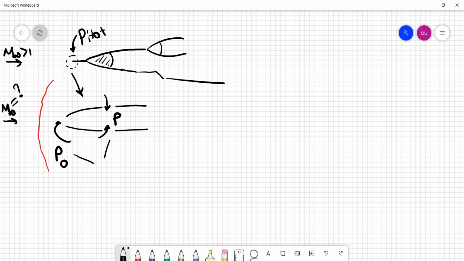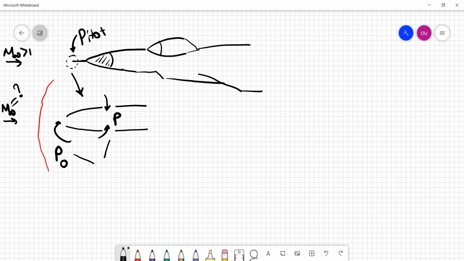So we will do a little exercise to obtain this expression. This is a pitot tube in a supersonic stream application with a curved detached shock wave, or we also call it a standing shock wave, in front of it at zero angle of attack.